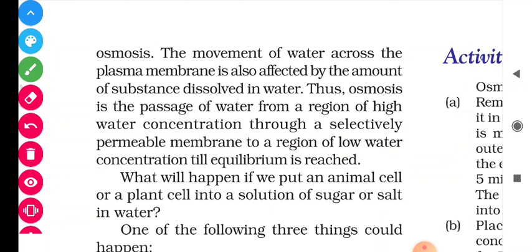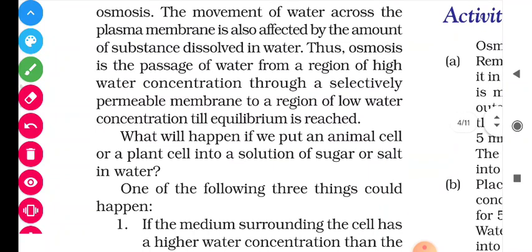The movement of water across the plasma membrane is also affected by the amount of substance dissolved in water. Thus, osmosis is the passage of water from a region of higher water concentration through a selectively permeable membrane to a region of lower concentration till equilibrium is reached.